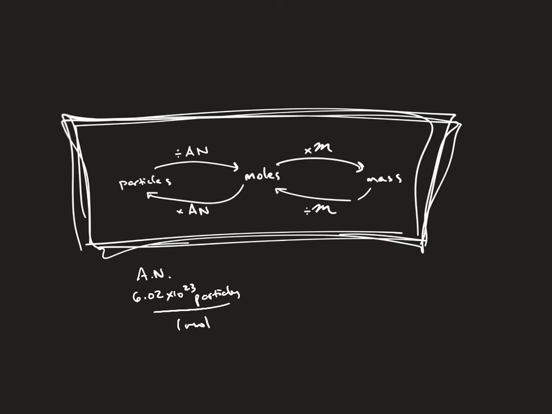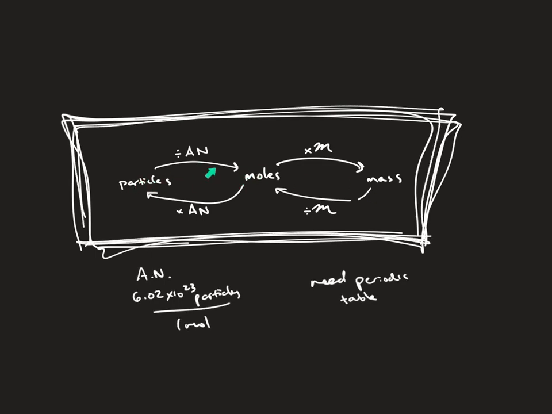And that for this side, you need your periodic table in order to calculate the molar mass of the substance. Okay? So this chart right here, super helpful. Okay? You just figure out where you're starting and then follow the arrows to whatever the question is asking about.